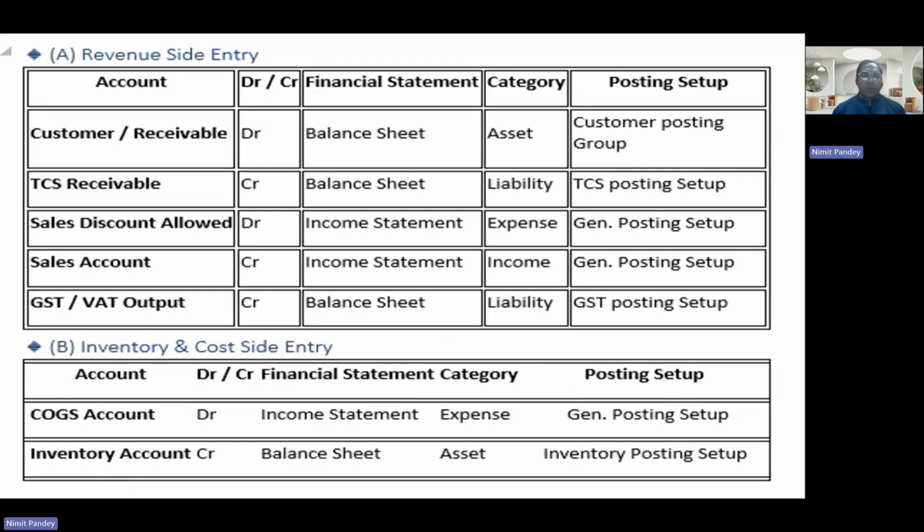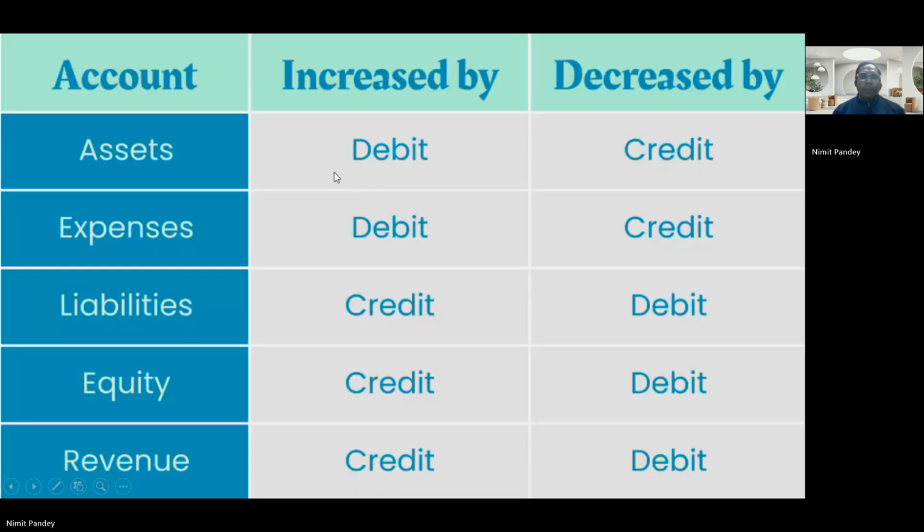Same in the sales part. In the sales part, customer is receiver, so it's debited, and customer is our asset, as we learned earlier. So when asset increases, it is debited.